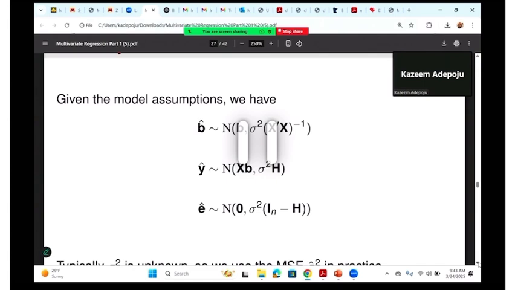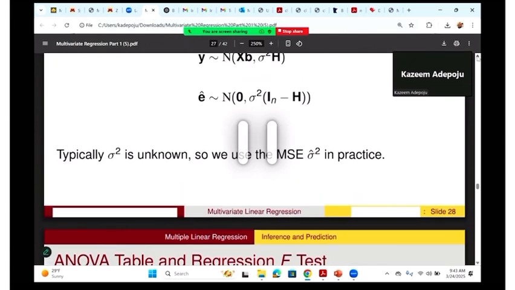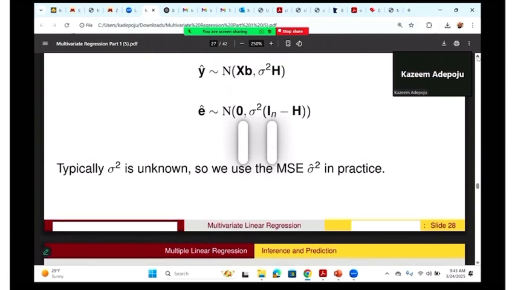Now, what is the implication of what we're doing? You're going to know. I said something the other time, I said typically. Now, pay attention. We have two forms of sigma squared, one from the MLE and the other one the MSE.